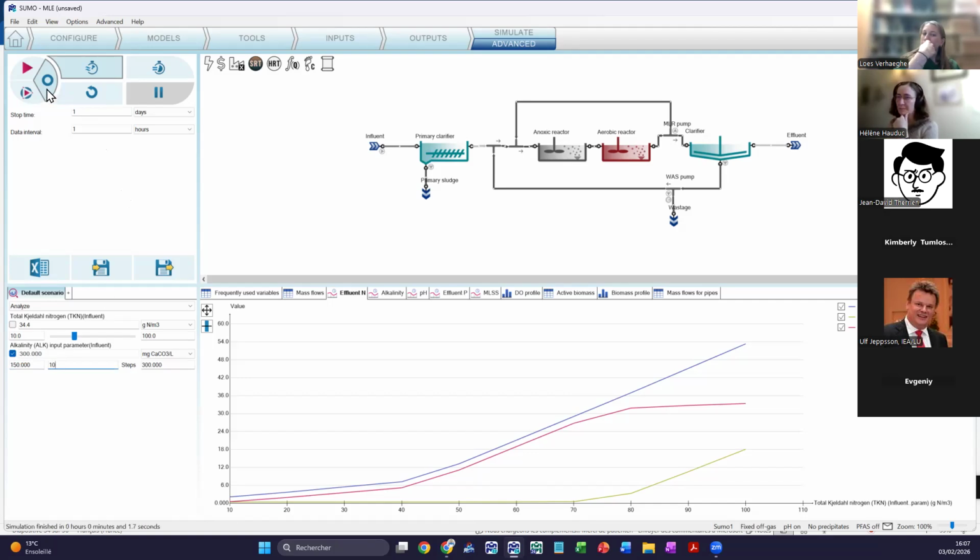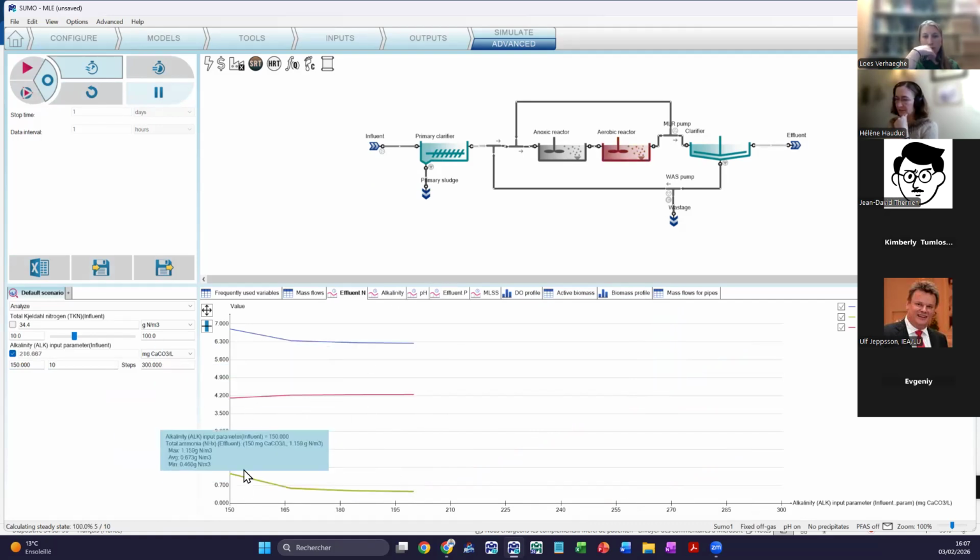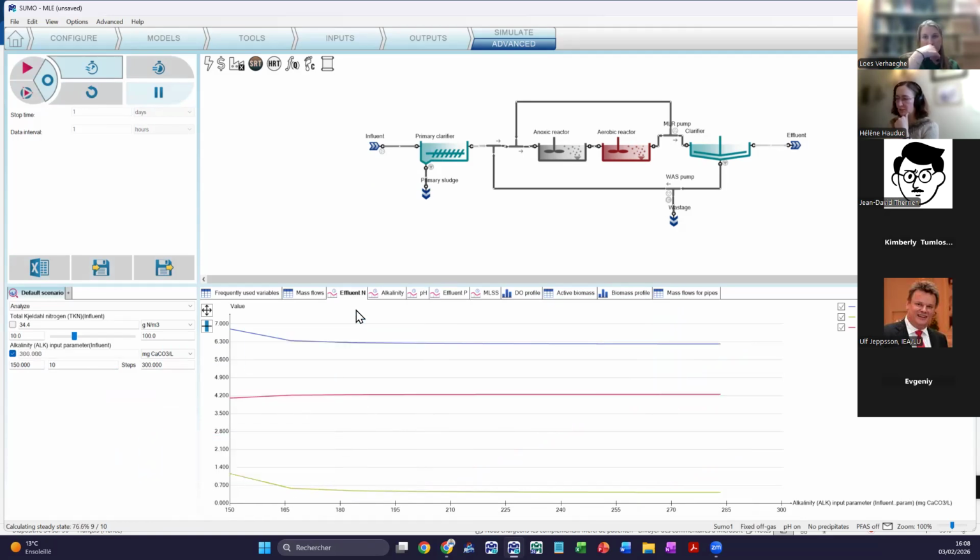We take 10 steps. And so here we can see when the water is too soft, maybe I should have taken an even softer water, but we have a less efficient nitrification.